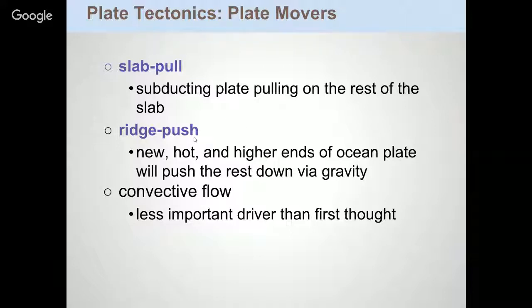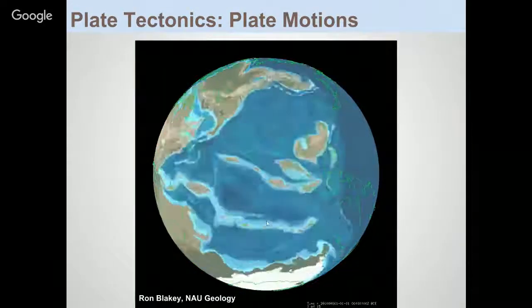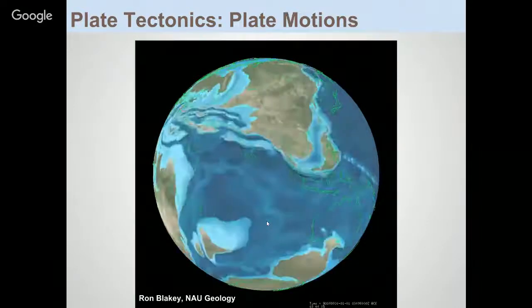So the new, hot, young slab at the peak of that mid-ocean ridge is pushing down on the rest of the slab, and that's known as ridge push. And then we have convective flow, and it's still debated on how much the convection of the mantle is helping drive the movement of these plates, right? But you can see there's definitely been a lot of modeling done to see how these plates move over time.